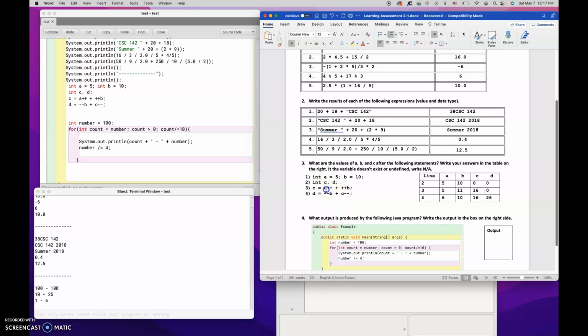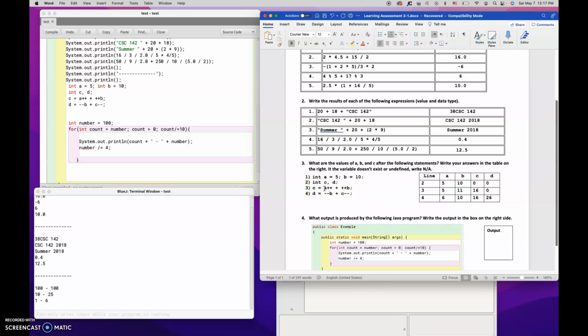So if A equals 5, after this line it will equal 6, but since we're talking about this line, A will stay the same, 5. B, we have the plus plus sign before the variable, which means that the increment will be applied in the same line. So B equals 10 plus 1, which is 11.